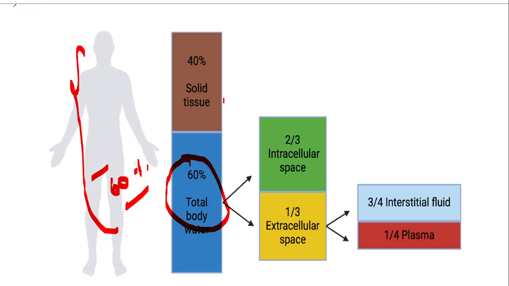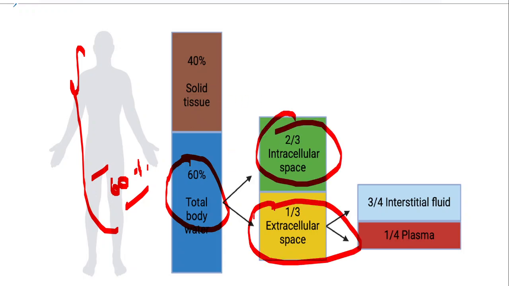Under that, 2/3 is intracellular, 1/3 is extracellular. In that also, 75% is interstitial fluid, only 25% is the plasma.